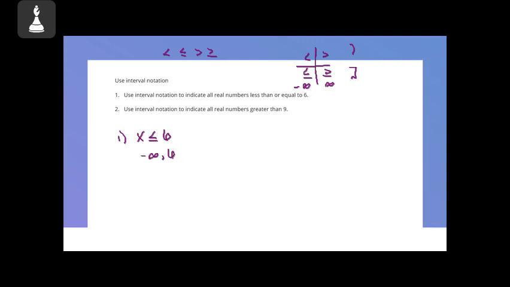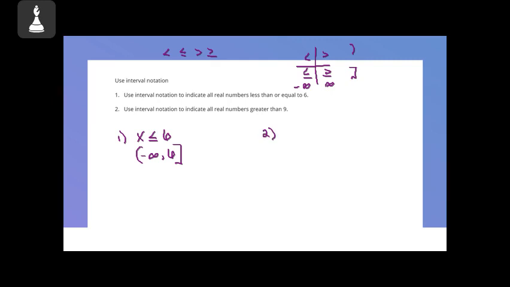So this less than or equal to symbol is right here, negative infinity. The negative infinity gets the parenthesis, and the symbol for less than or equal to is then going to be a square bracket on the 6. That means we include that value. Infinity is just a representation that the number keeps going, so we can't include it with a square bracket.